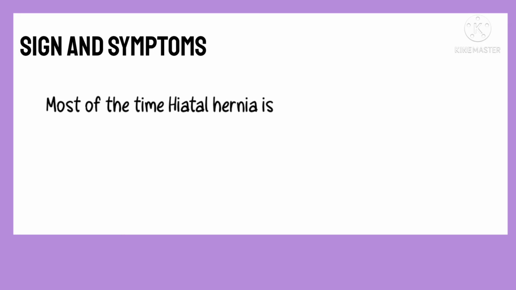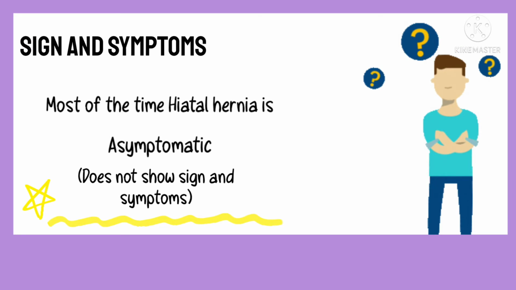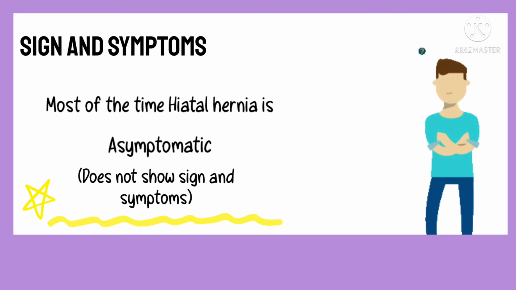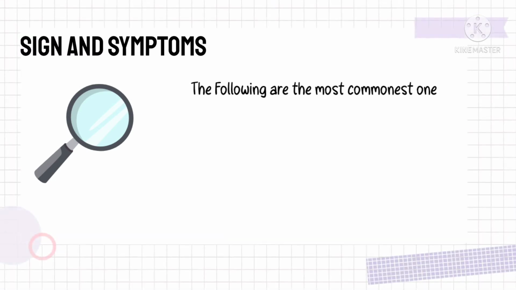Now, most of the time, this hiatal hernia is asymptomatic, that is, it does not show any signs and symptoms in the patient. But if signs and symptoms do occur, the following are the most common ones associated with hiatal hernia. The first one is heartburn and regurgitation.